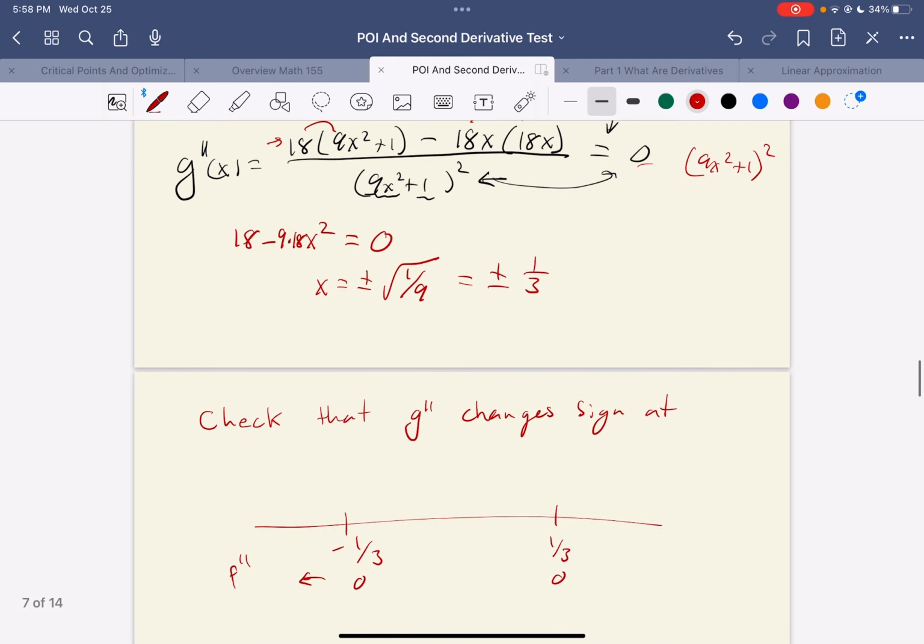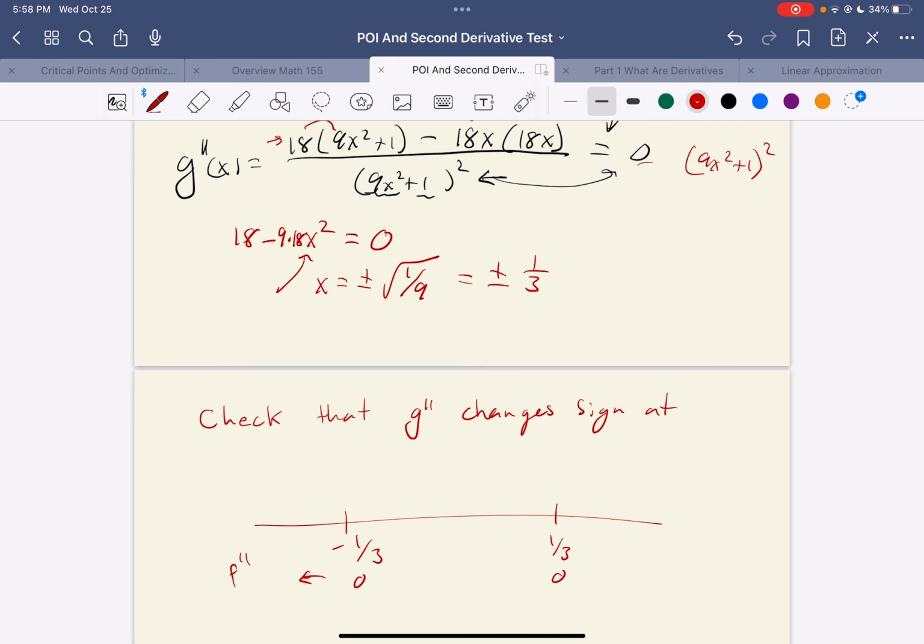How about negative 1,000? If you plug that in for x, you'd square it, you get something big, and you take that away from 18, you get a big negative. So f double prime is negative. All right, my favorite number, let's plug in 0, you get 18, that's positive. By we, I mean f double prime. Plug in any value you want between plus or minus 1/3, and this computation will be positive.